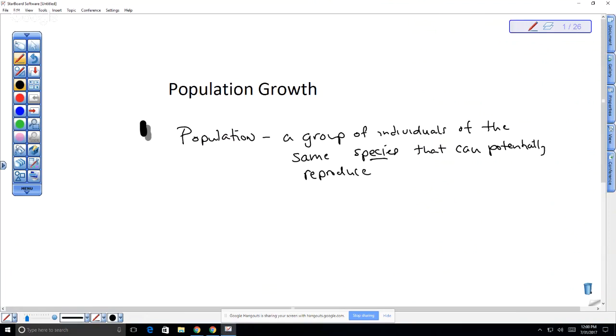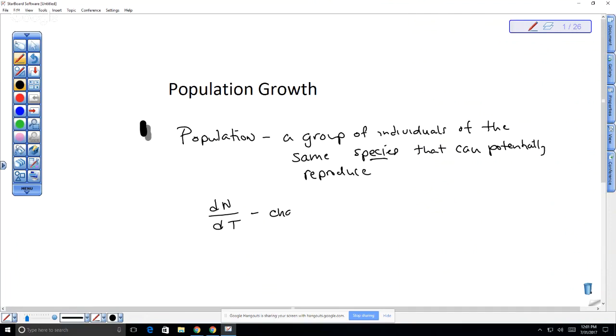Okay, so when we look at growth, you'll see in your book that there is kind of a weird way to denote growth. And this is actually calculus. So you don't really need to know the formulas or how to calculate growth. But this is just a change in population size over time. So N would be the number of individuals in the population, and T is time.